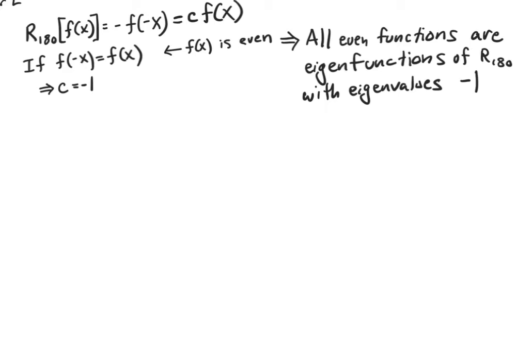Well, we found an infinite number of eigenfunctions of our operator, but have we found all of the eigenfunctions of our operator? So let's consider another example. Let's consider all the functions that are odd.